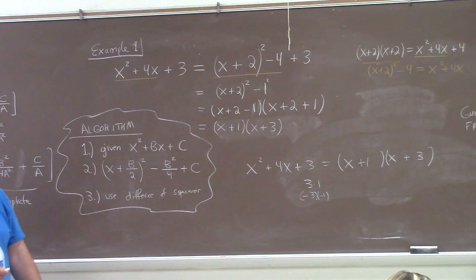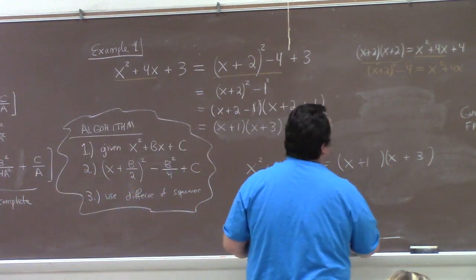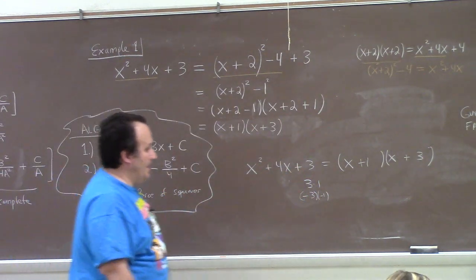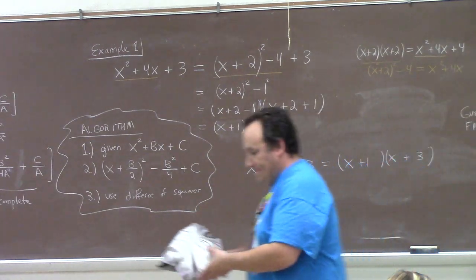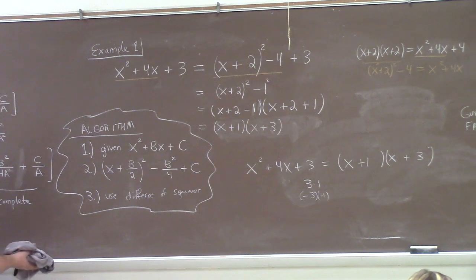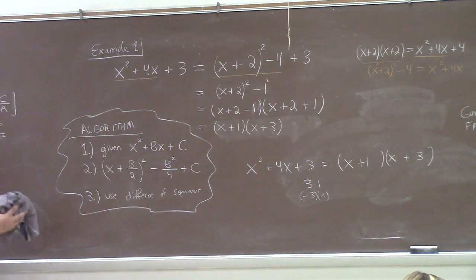I think I might understand just a little bit. I want to make sure I'm right. So don't erase the bottom part that you just did. So x squared plus 4x plus 3. You have to multiply to get the last number 3, but you also have to add to make sure the middle is correct. That is correct, yes. We have to multiply 1 times 3 to get 3, and 3 plus 1 has to be 4.